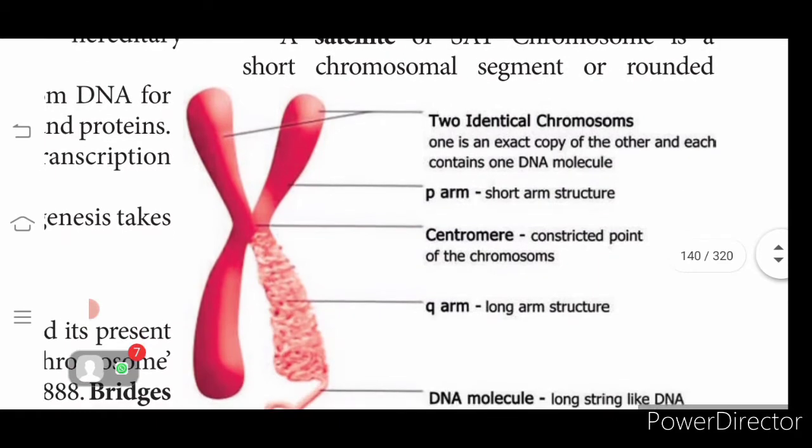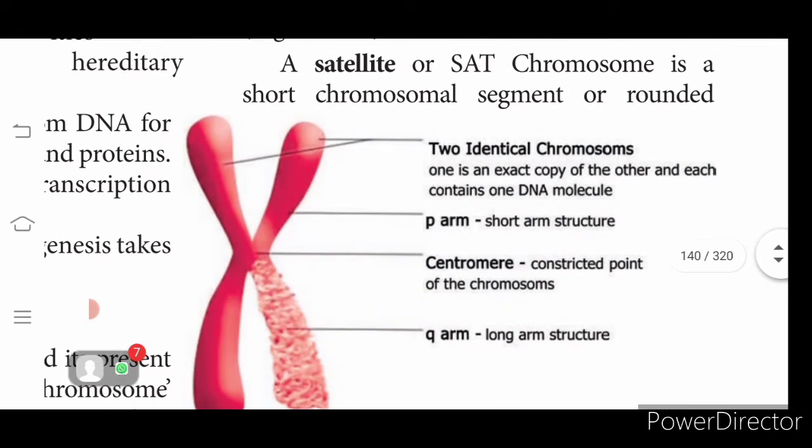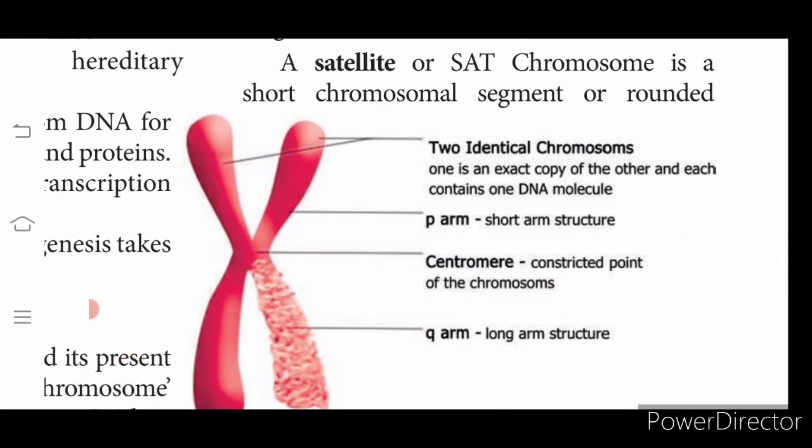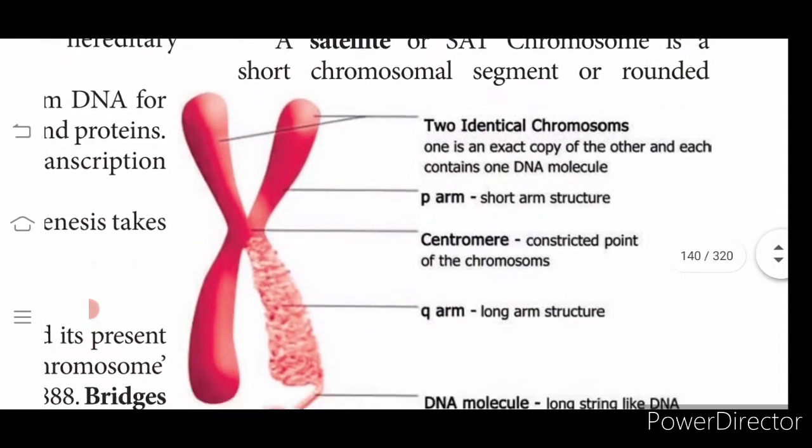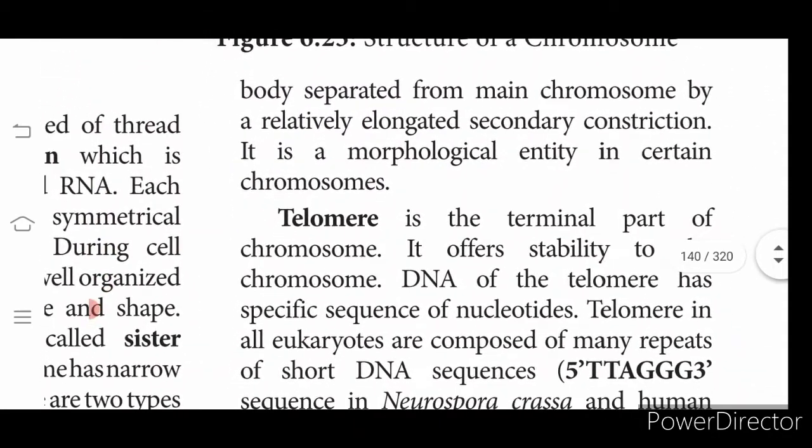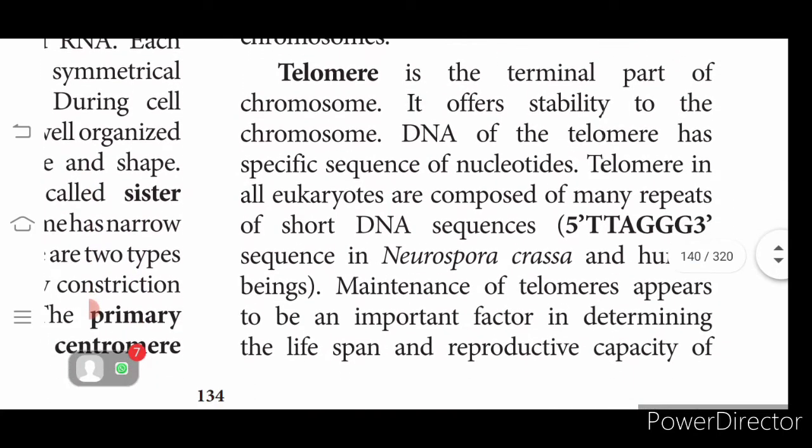Then satellite chromosome. What is a satellite chromosome? It is a short chromosomal segment or rounded body which is separated from the main chromosome by a relatively elongated secondary constriction, and that is called the satellite chromosome. What is a telomere?